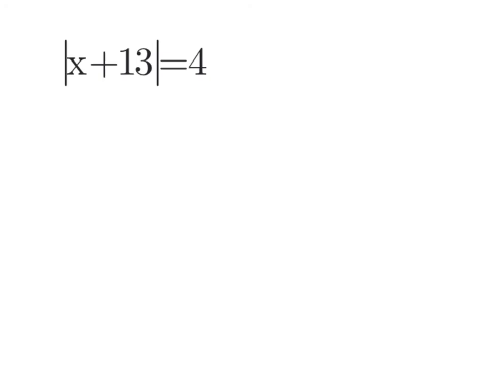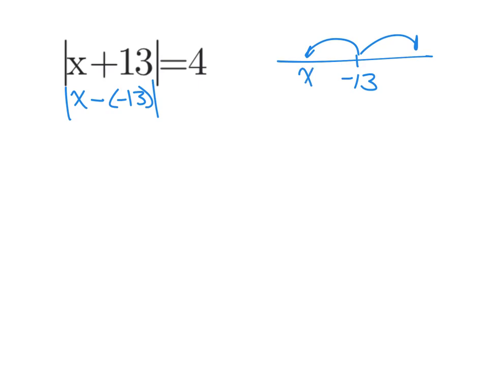And when we have addition in the middle, remember to look at that as being x minus negative 13. All right, so we're looking at the distance between negative 13 and x. So we're going to start at that negative 13 and then go out and find x. How far are we going out? 4 units, either to the left or to the right.